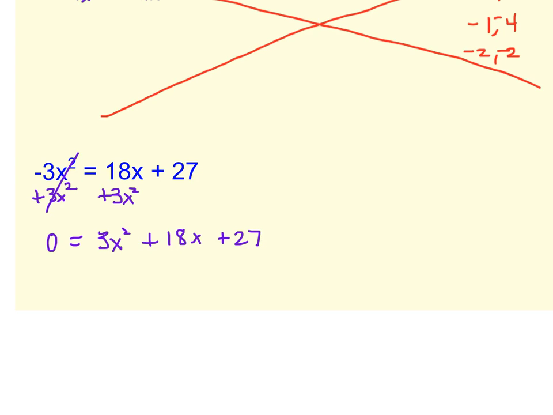All right, so what's really helpful to keep in mind when you do this factoring is, do you possibly have a GCF? Is there anything or any number that can fit into 3, 18, and 27? If there is, let's go ahead and factor that out.